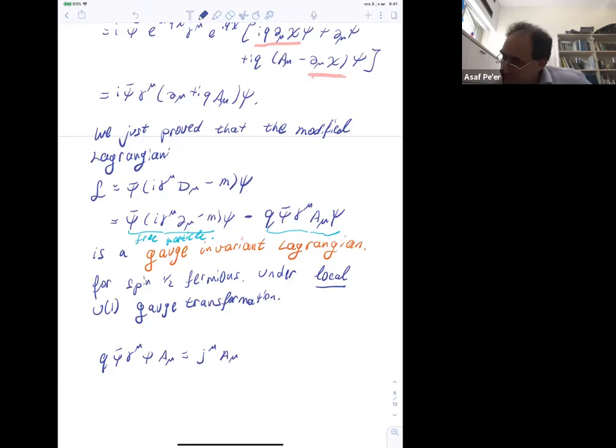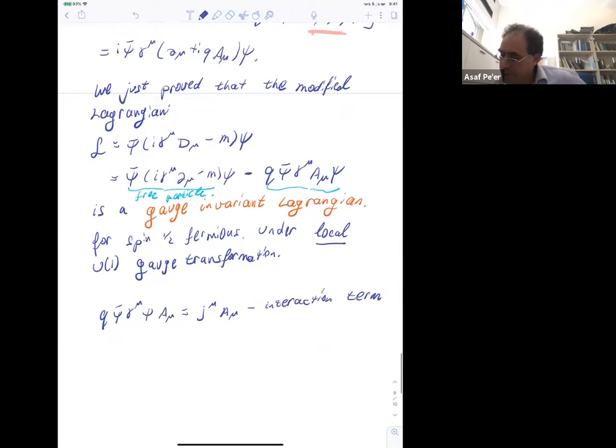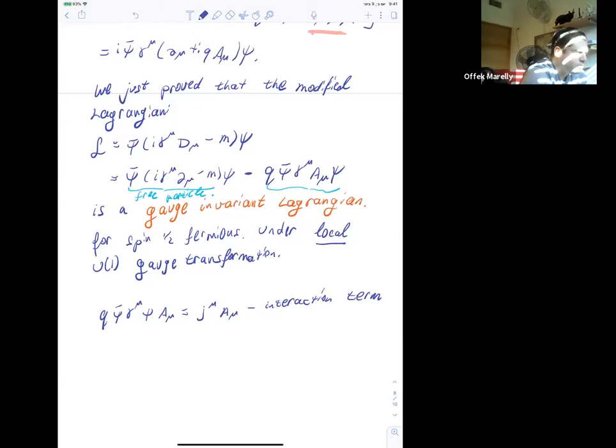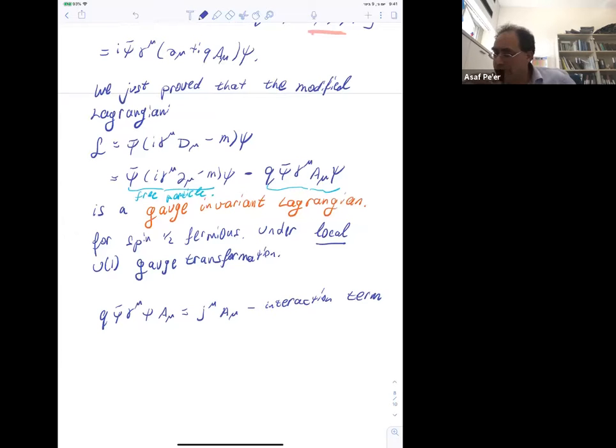So we have an interaction term between what? What is j mu? The current? This is the current, right? This is the current associated with the fermion, right? And what is A mu?